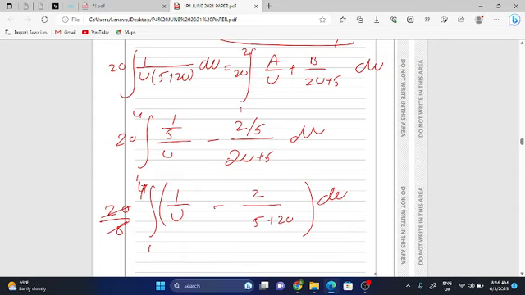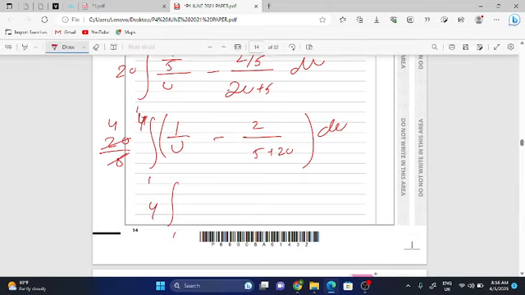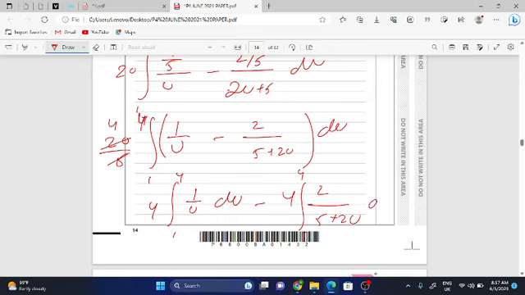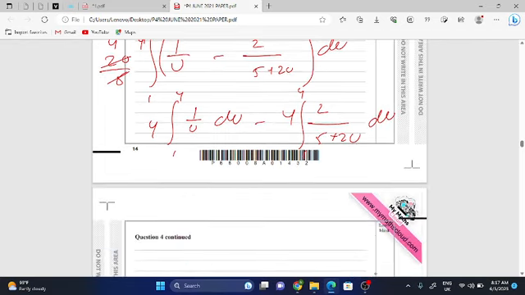So 5 times 4 makes 20. So it would be 4 times the integration 1 to 4 of 1 by u du minus 4 times the integration 1 to 4 of 2 dividing by 5 plus 2u du. I did nothing, just applied the integration separately.